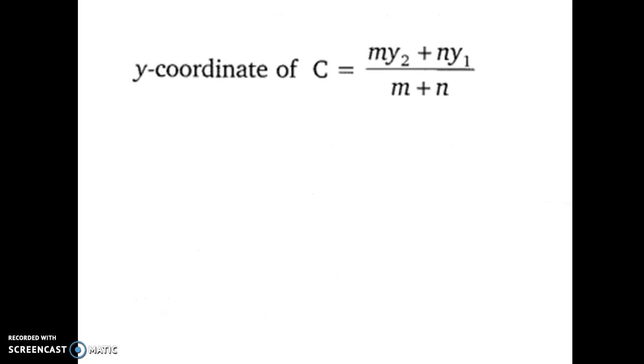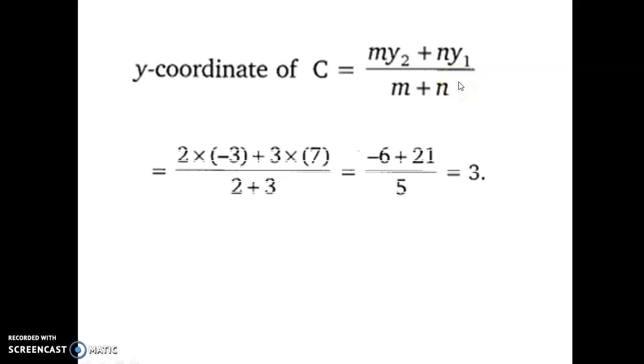Similarly you have to find out the y coordinate of C. In the place of x2 and x1 you will write y2 and y1. That's the only difference. Now also substitute the values. After substituting you will get 2 into -3 plus 3 into 7 divided by 2 plus 3.